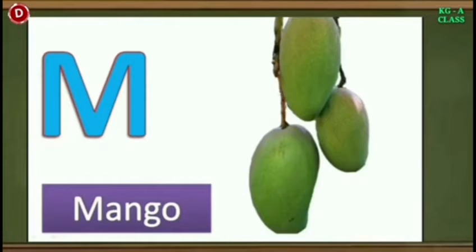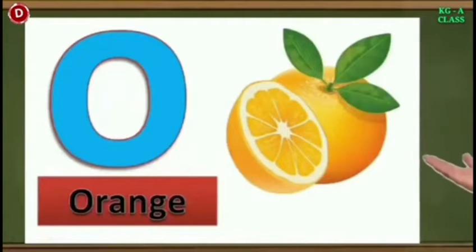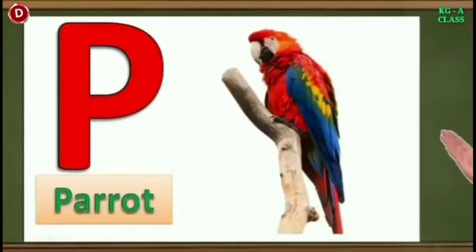Summer is the season of mango. M for mango. Now comes N. N for nest. The bird lives in a nest. Children, this is O. O for orange. Now comes P. P for parrot.